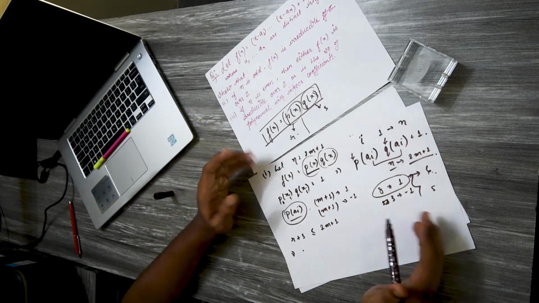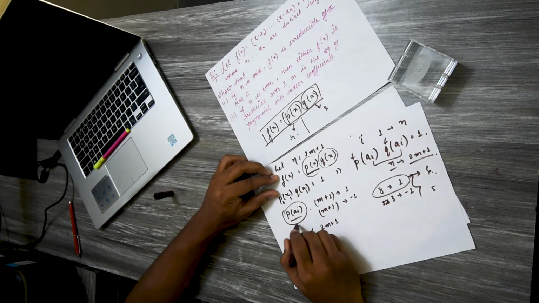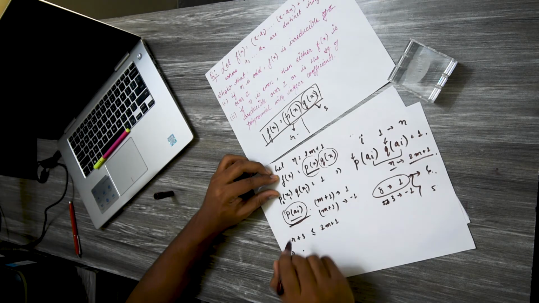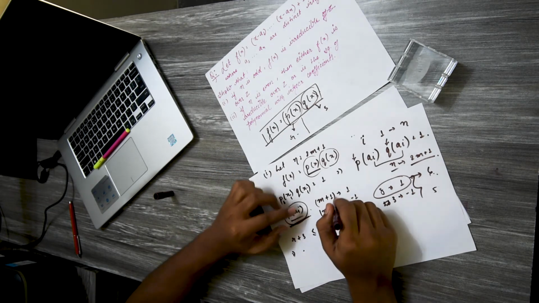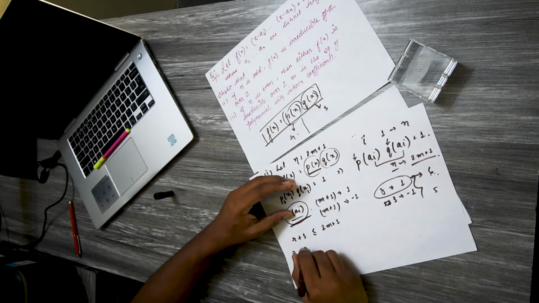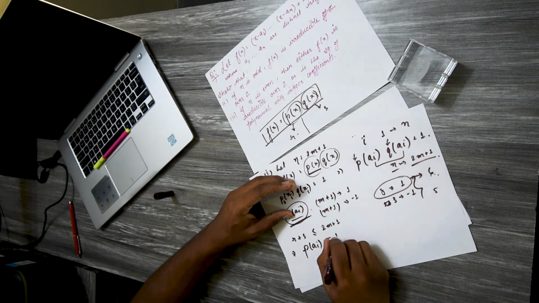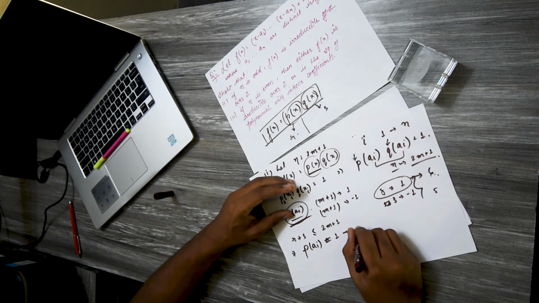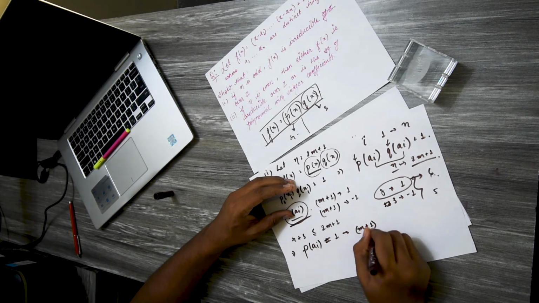But what we just found above was that p(a_i) is equal to 1 for more than m plus 1 values, correct?